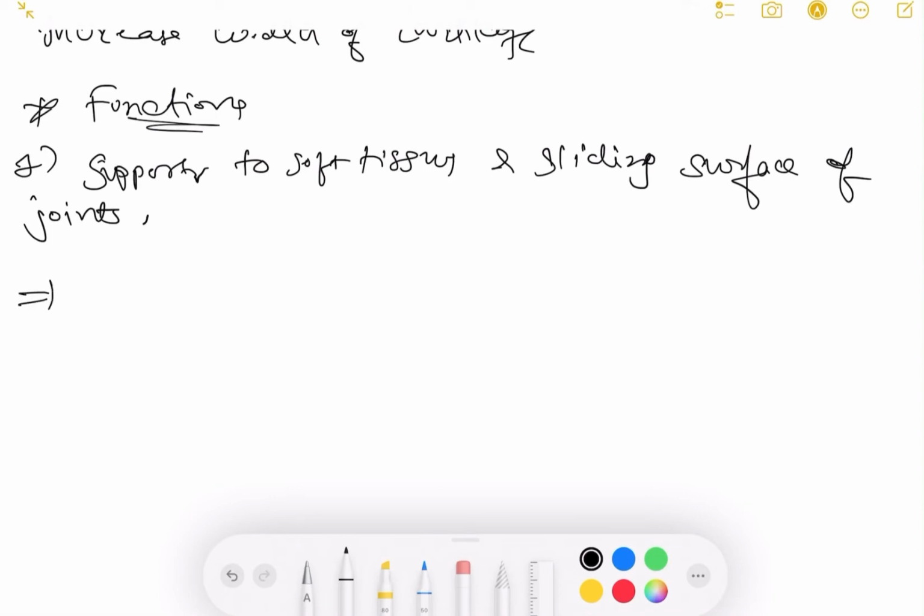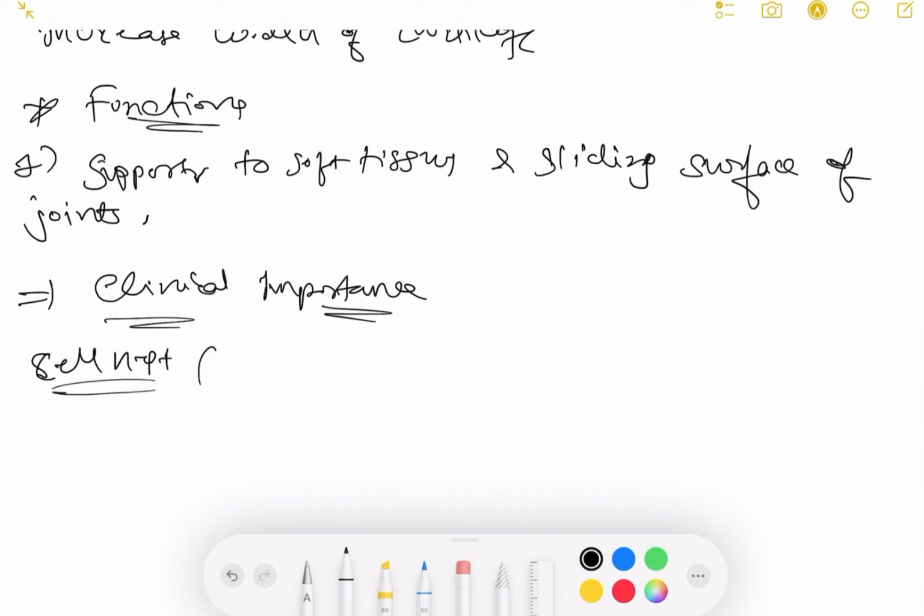Now if we talk about the clinical importance of cartilage, as we know cartilage is located in cell nests. Where? Cell nest. We have seen lacunae, where a number of cells are located. Now it is located in the cell nest and it has lower, remember this, it has lower antigenicity.